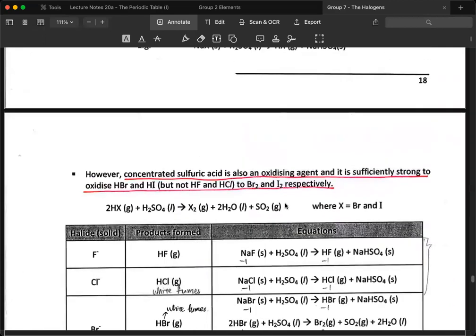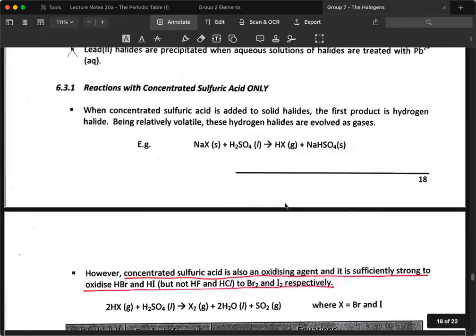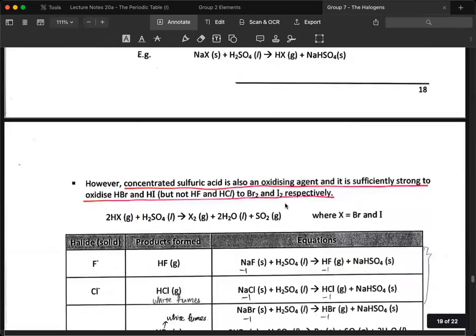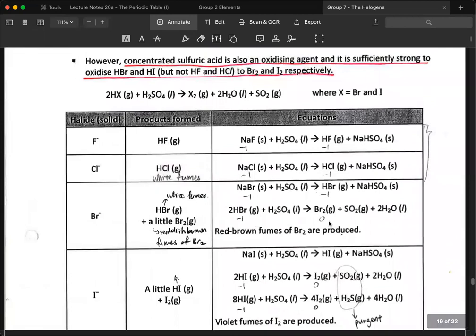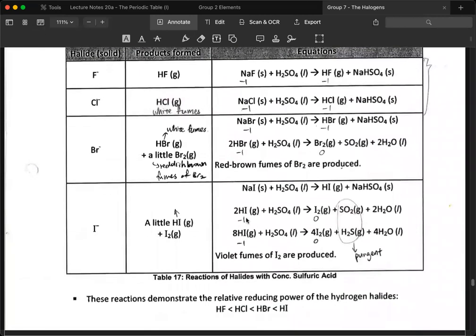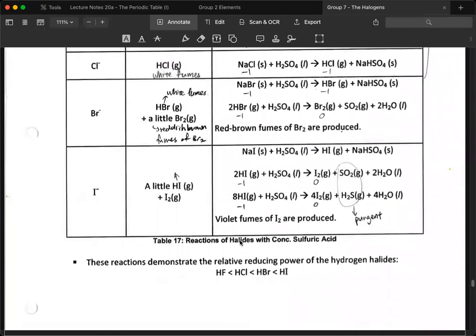HI has a problem. HBr reacts further with H2SO4 to form Br2, water, and SO2. Further oxidation. Then same for the iodine. It depends.